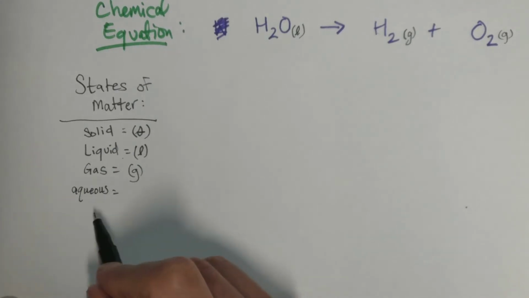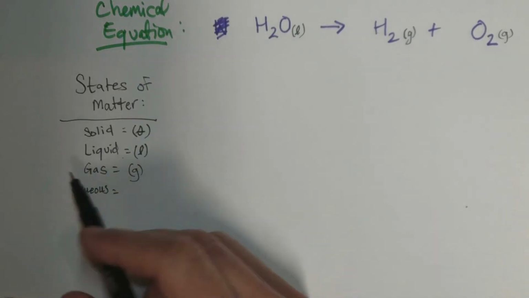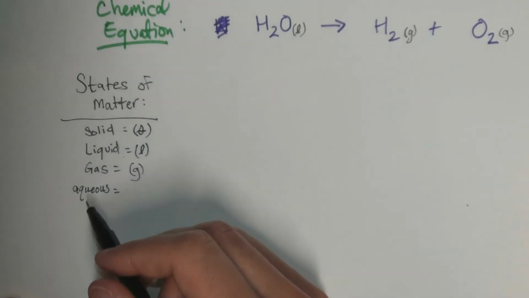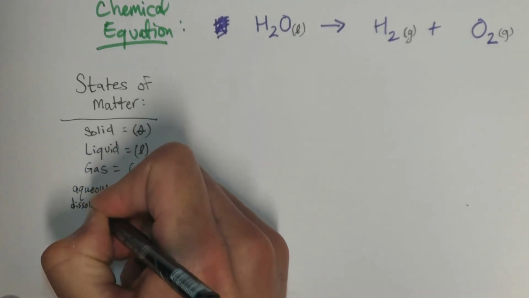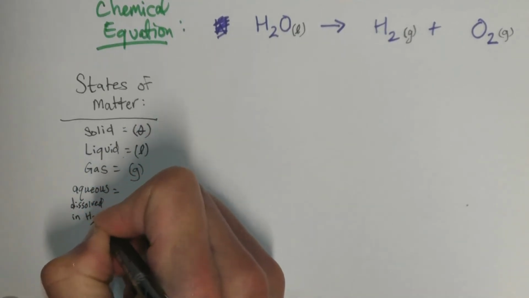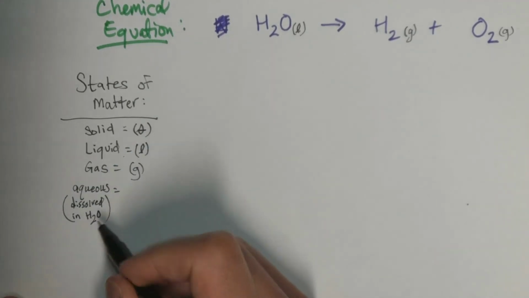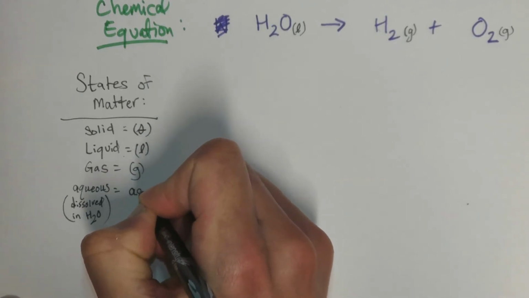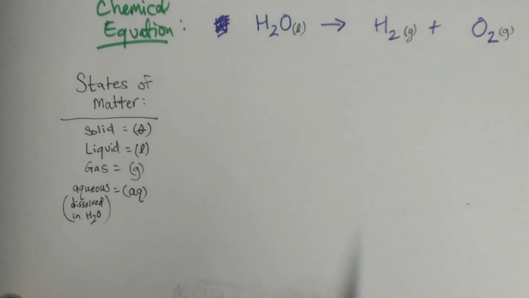This isn't so much a state of matter like plasma, gas, liquid, solid, one of those 4 states of matter. In that respect, really what it means is dissolved in water. Okay, so if something's dissolved in water, the way that we write it down is an A and a Q, putting that in parentheses.